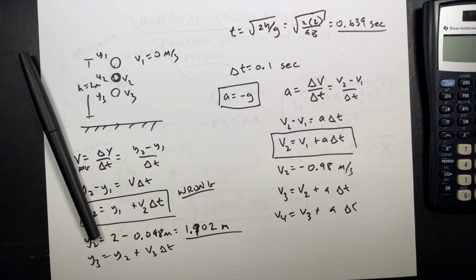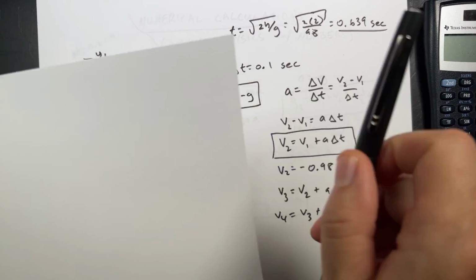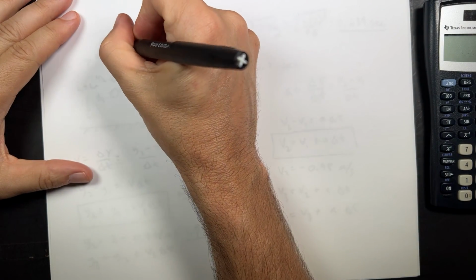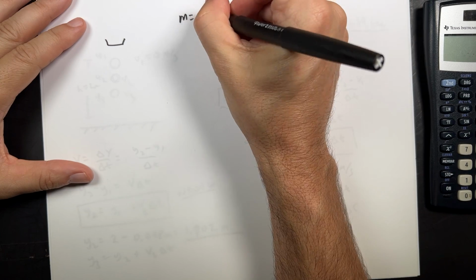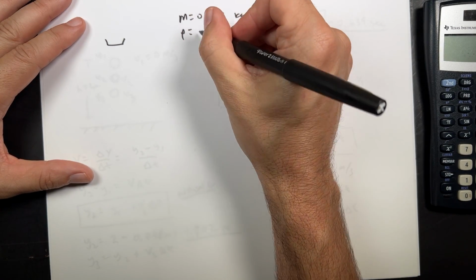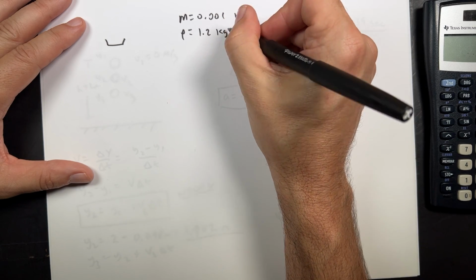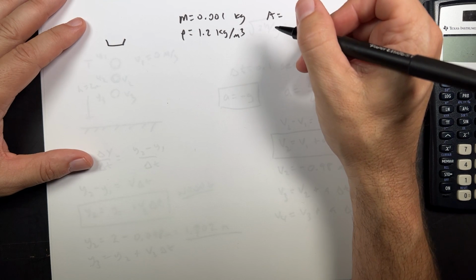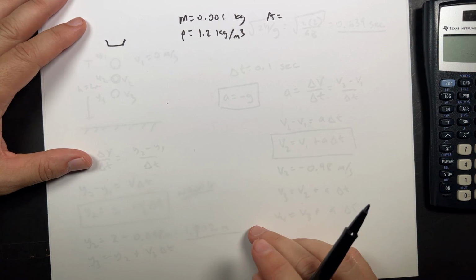So here we are, back to the coffee filter. I need the mass of 0.001 kilogram. The density of air is 1.2 kilograms per cubic meter. The area, let's say how big is the coffee filter?